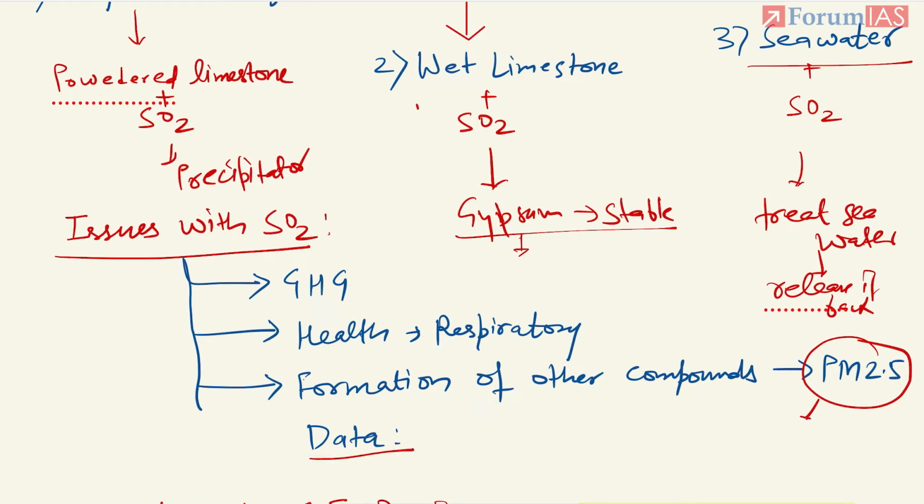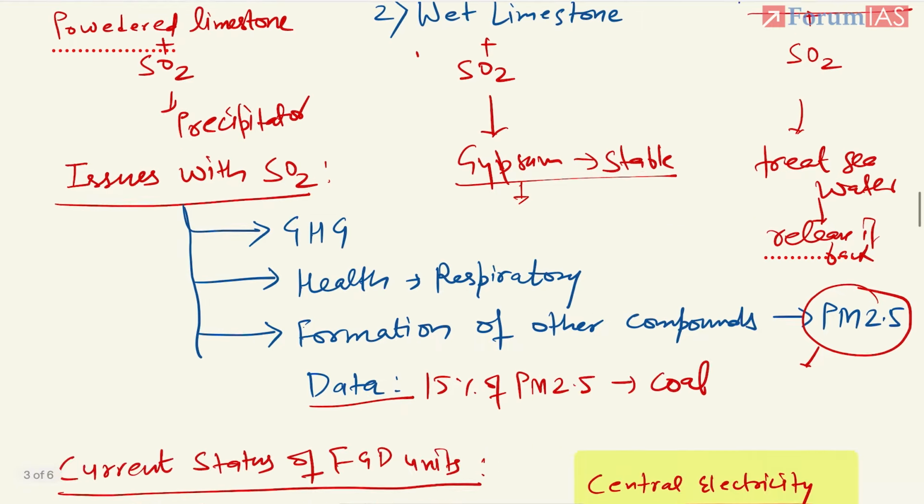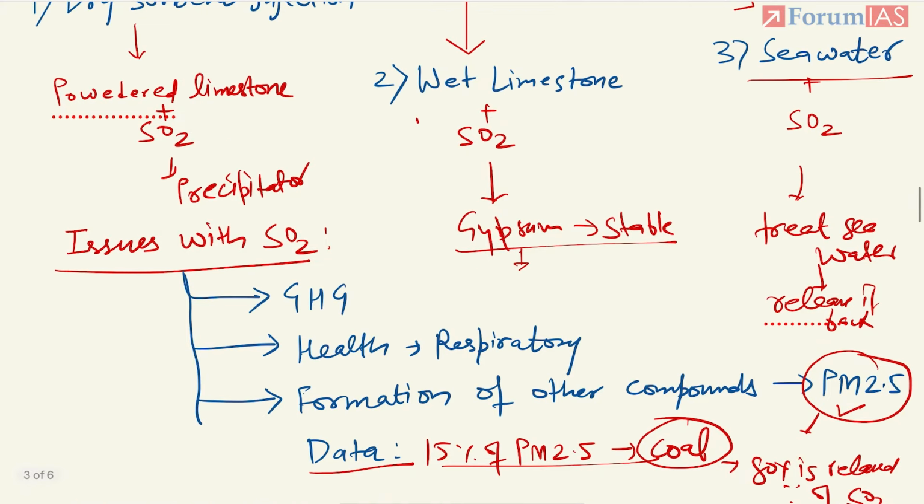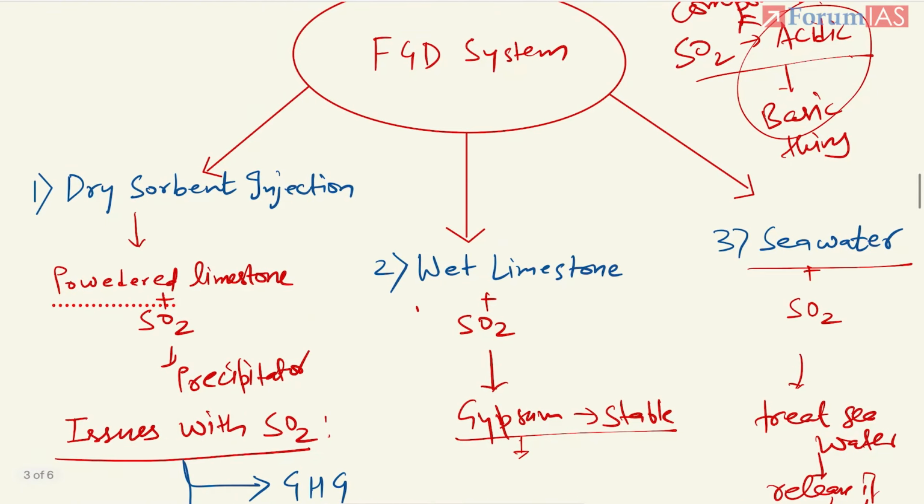According to the data, 15% of PM 2.5 is released through coal, and out of this, 80% is released because of SO2 or its compounds. So it plays a major role in the release of PM 2.5 in the atmosphere. So these are the issues with SO2, and this is how we remove it.